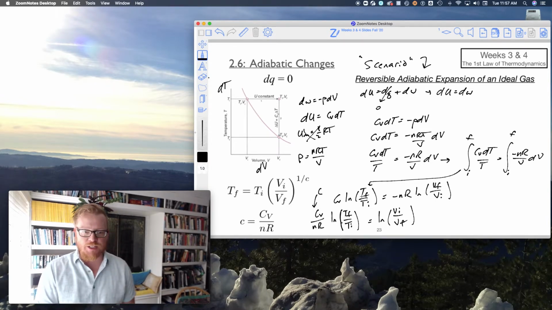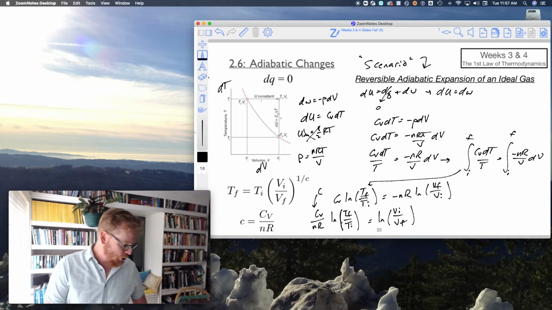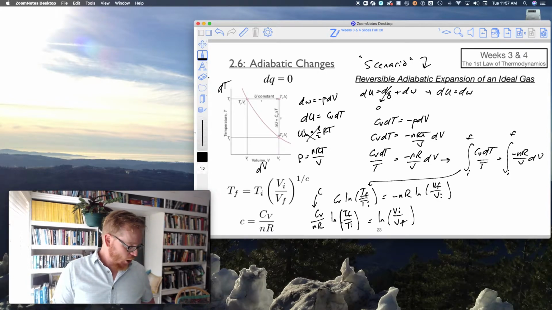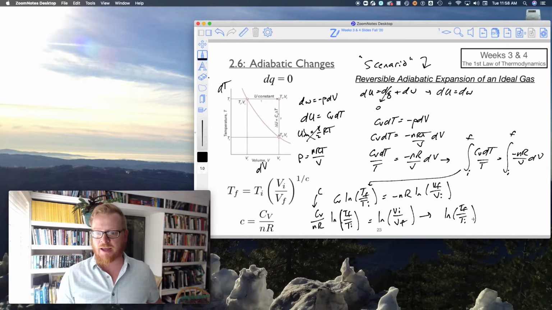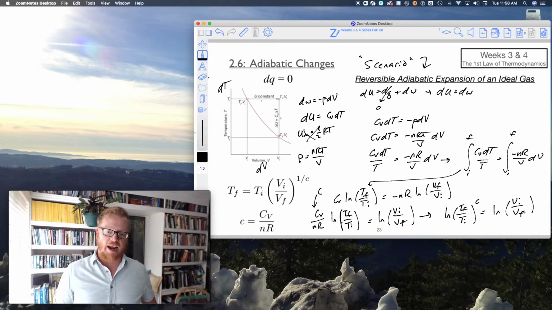Okay, and there's another log trick that I can do, and that log trick is when I have something in front of a natural log, I can raise it to the power in the log itself. So I can now say natural log of Tf over Ti raised to that constant c equals natural log of Vi over Vf. And I ran out of room.